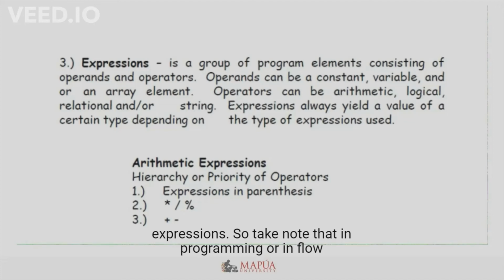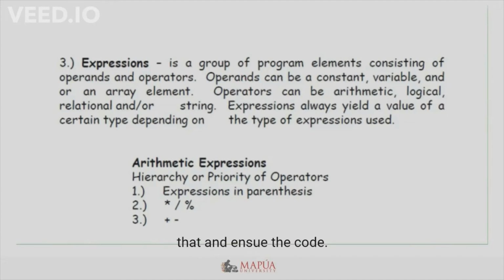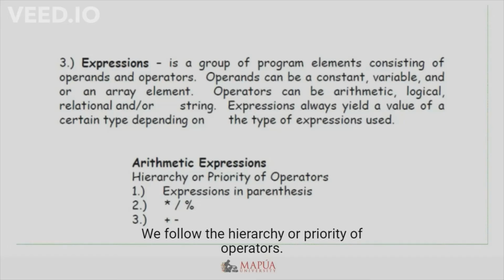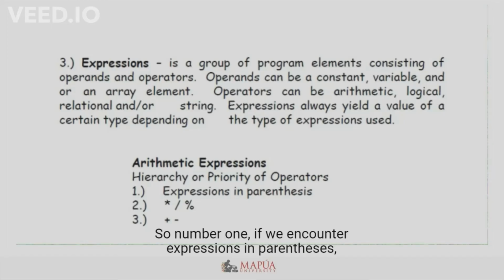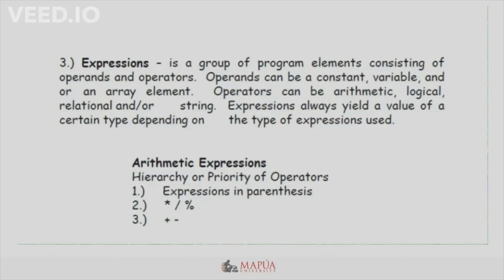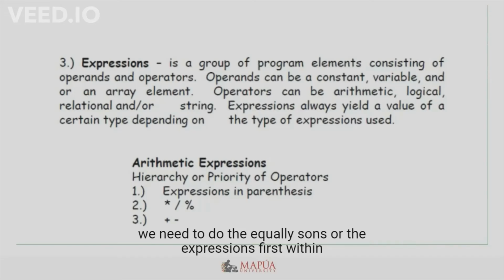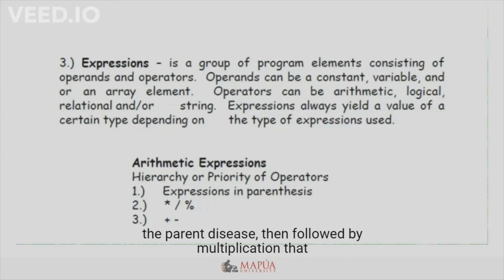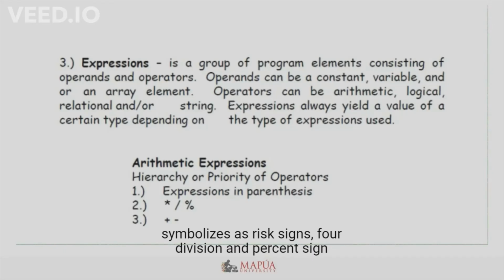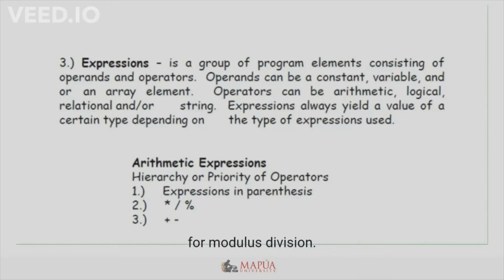Take note that in programming, in flowcharts and in pseudocode, we follow the hierarchy or priority of operators. Number one, if we encounter expressions in parentheses, we need to do the expressions within the parentheses first, then followed by multiplication, which is the asterisk sign, slash for division, and percent sign for modulus division.